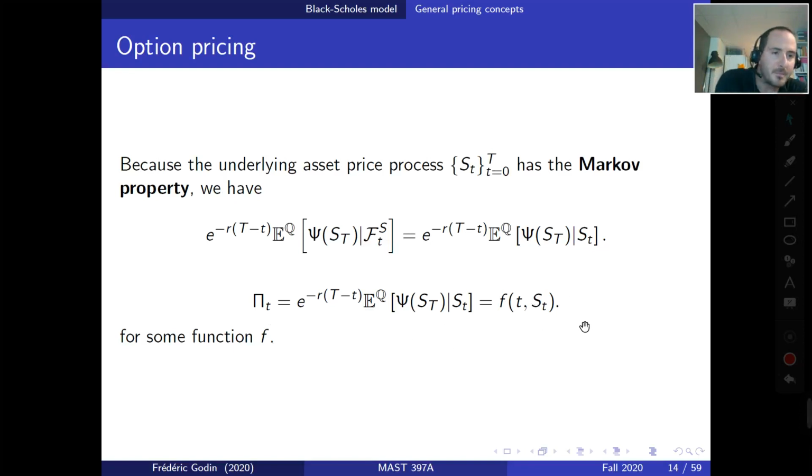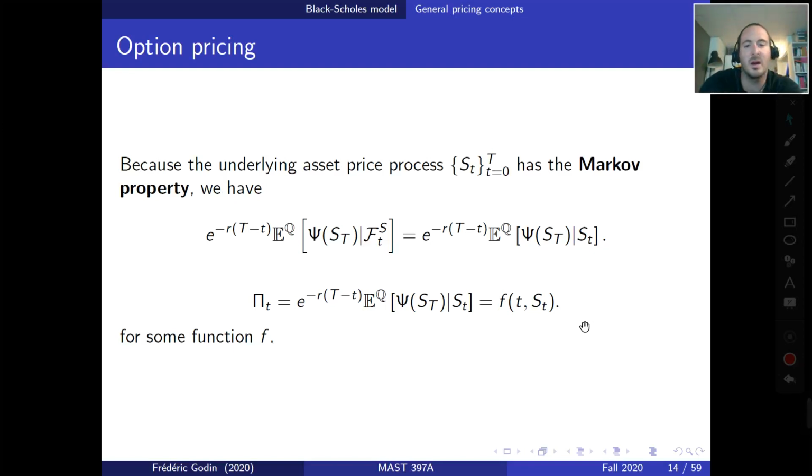Okay, so why is it a function of the stock price? Well, intuitively, if the current value of the stock price fluctuates, then we'll have a different expected value for the payoff. Okay, so for example, if we have an option with strike $100, then its expected payoff will be different if the stock price is currently $120 or $30, for example.